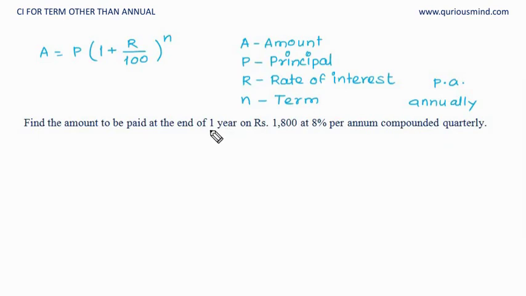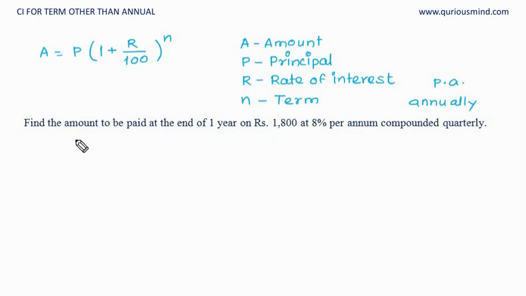So the amount has to be paid after 1 year, and the rate is 8% per annum, but the compounding is done quarterly, every 3 months. Which means the compounding is done 4 times: 3 months, 6 months, 9 months and 12 months. So what should be the rate?